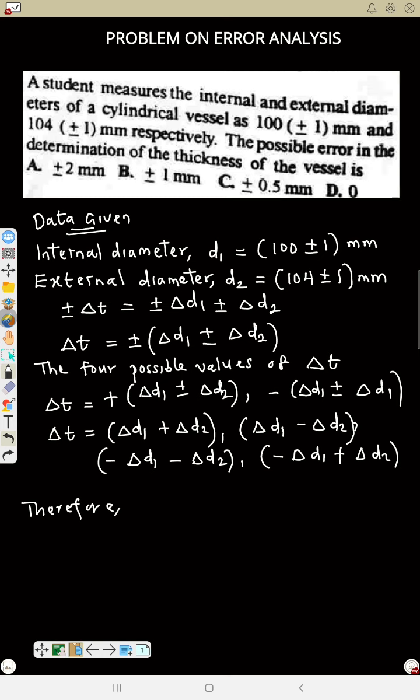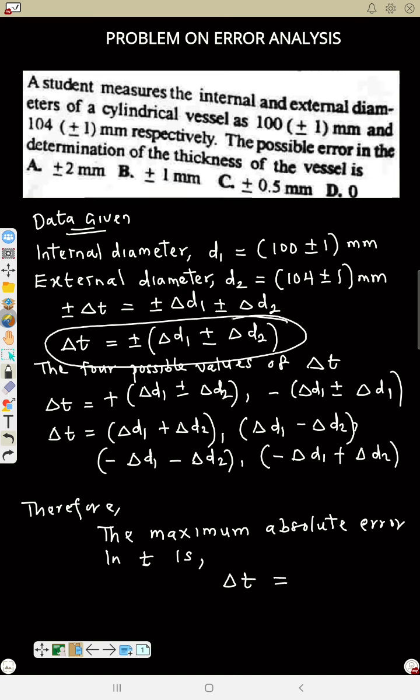Therefore, the maximum absolute error in T, that is in the thickness, is, so the maximum absolute error in the thickness is dt equals to, so we are coming back to this place.